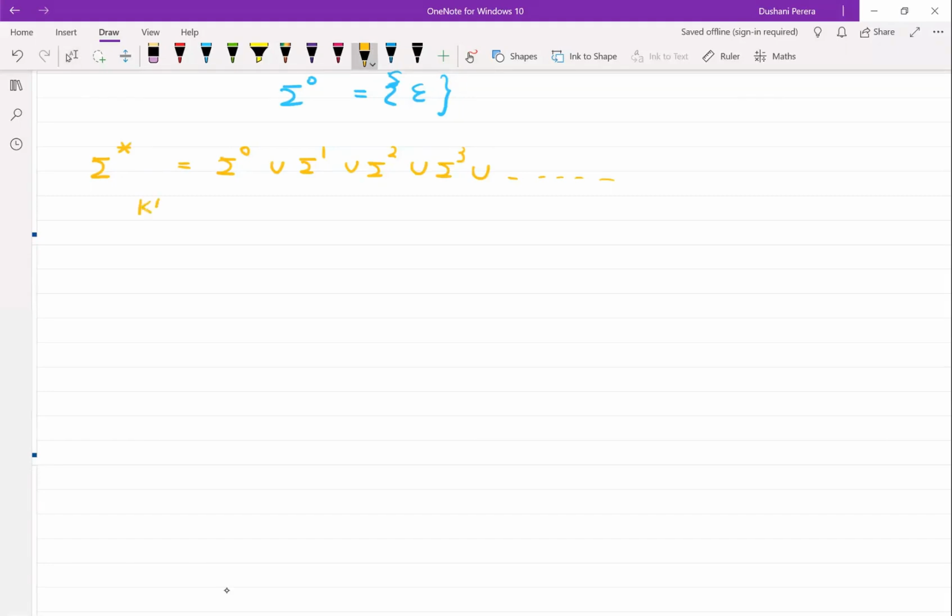So we give this a name. We call this the Kleene closure, or star closure. This is the set of all strings of all lengths possible over a given alphabet.